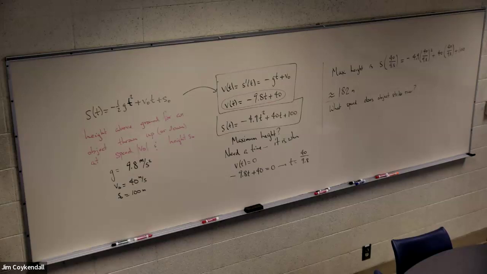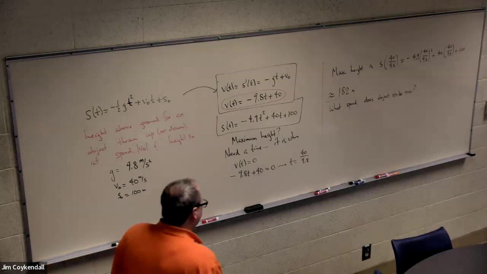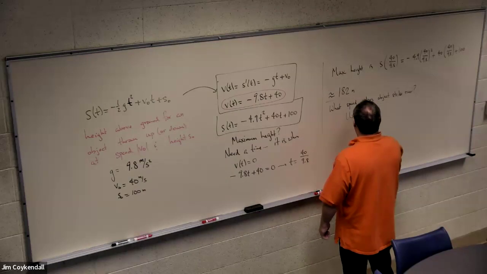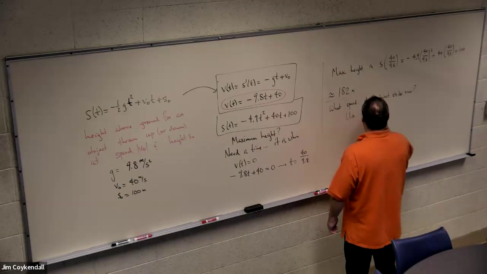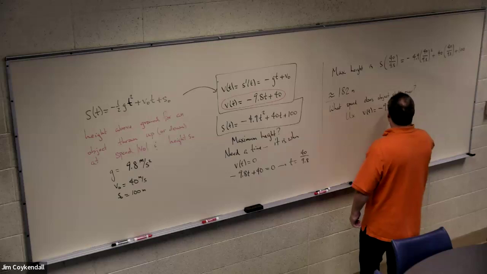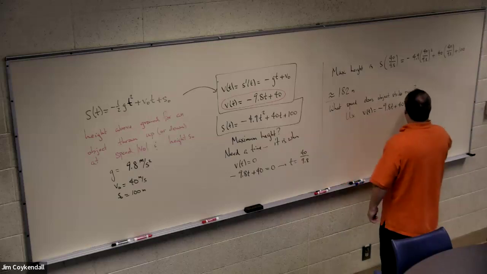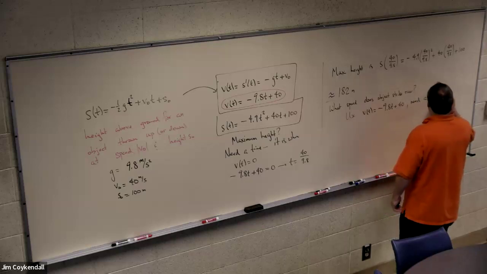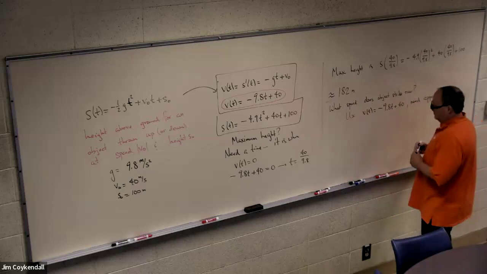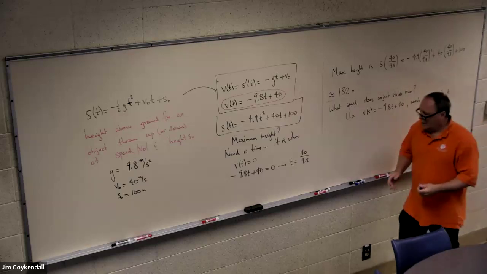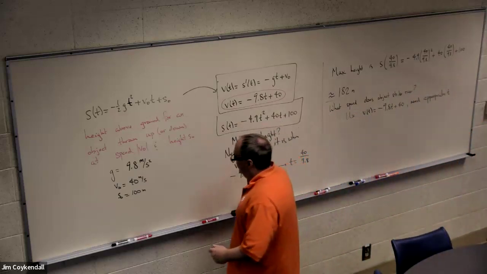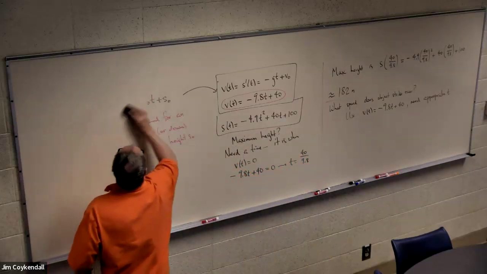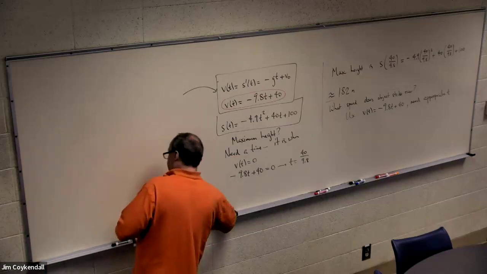There you go. The velocity is minus 9.8t plus 40. How do we find the time? Well, the important piece of information here is the fact that the thing hits the river.